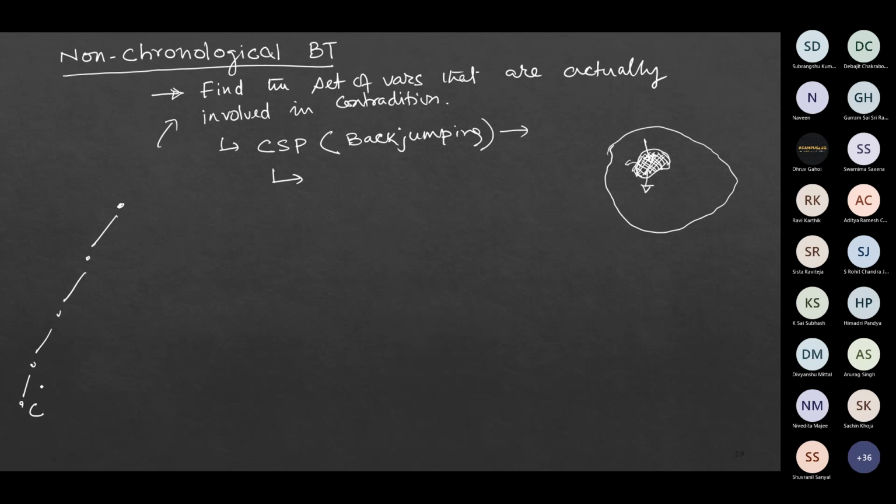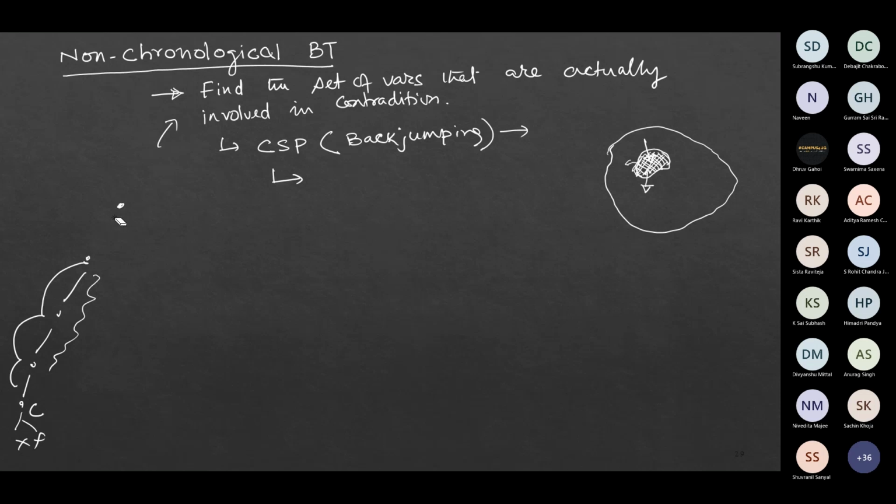Now you know that you have to do backtracking because here you have exhausted all the possibilities, right? So you don't want to backtrack chronologically like this. If you understand the real culprit is this, I would like to backjump directly to this without considering these revisions, right?